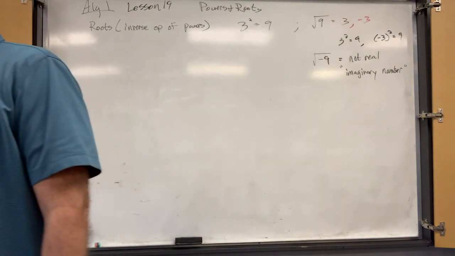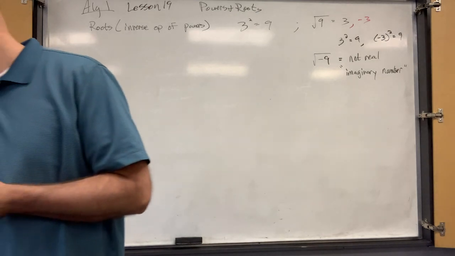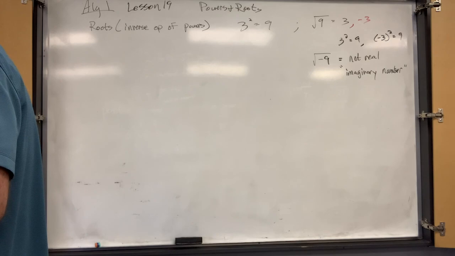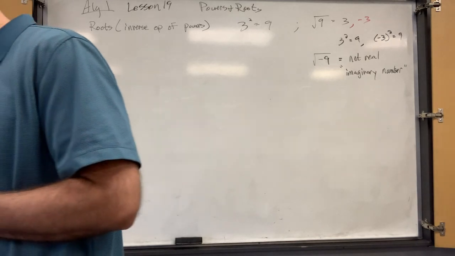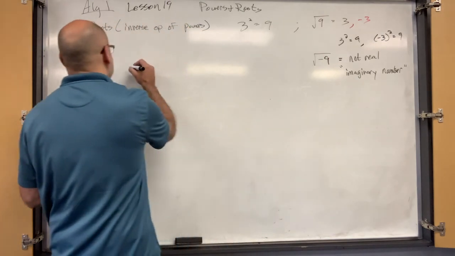Imaginary number. Okay. So negative 3 is not the answer. 3 is not the answer. So every even root has a positive and negative root. But if I just say, what's the square root of 9?